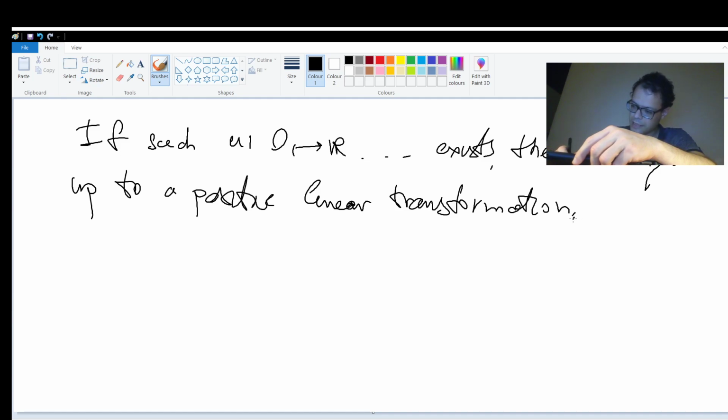Wow, that looks ugly, but that's not because the theorem is beautiful, it's just my writing which is ugly.